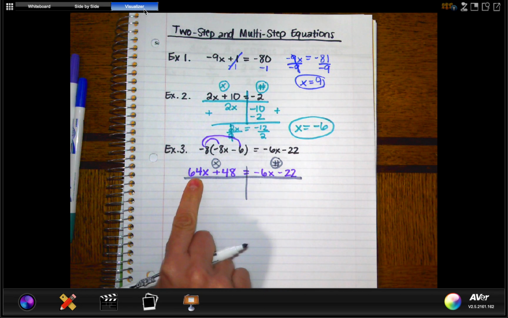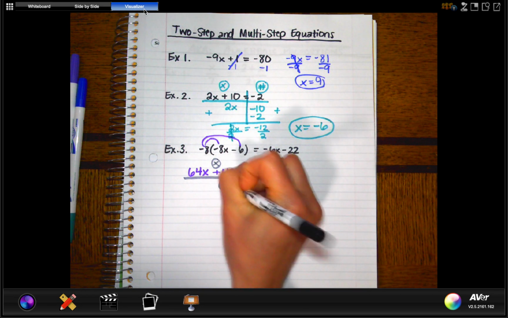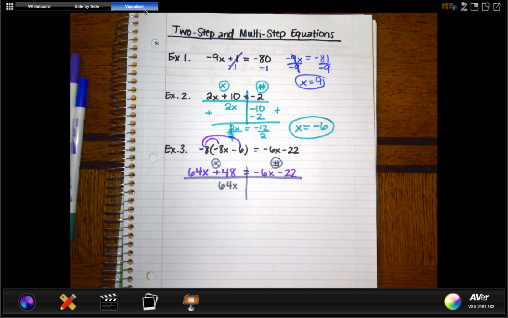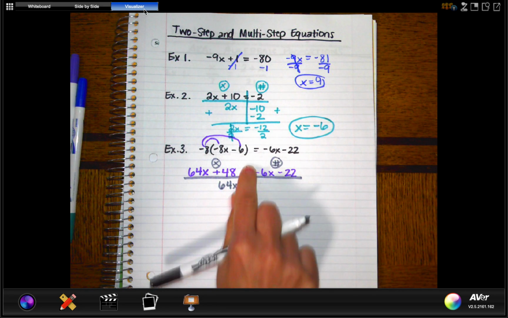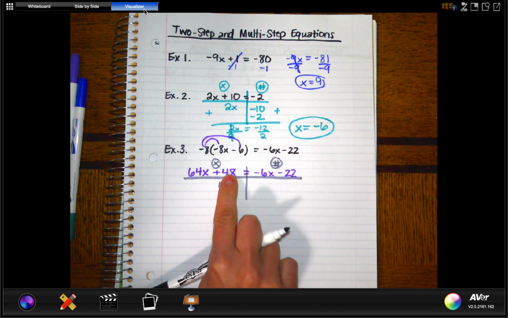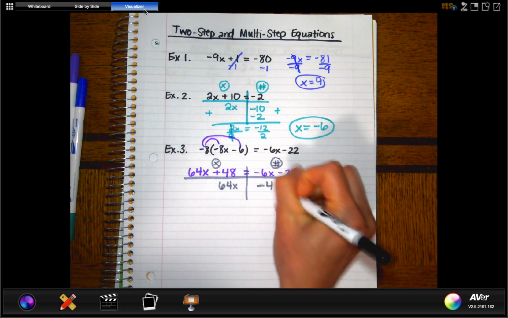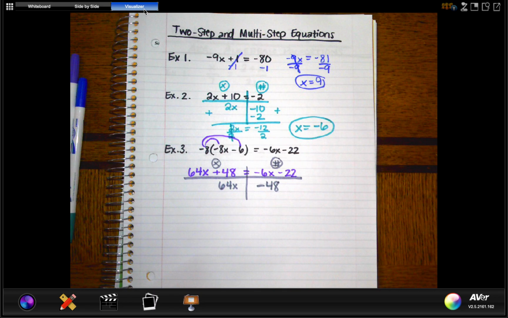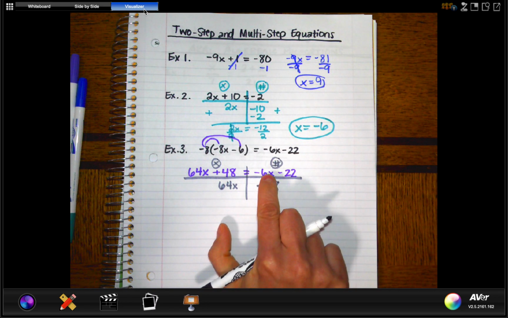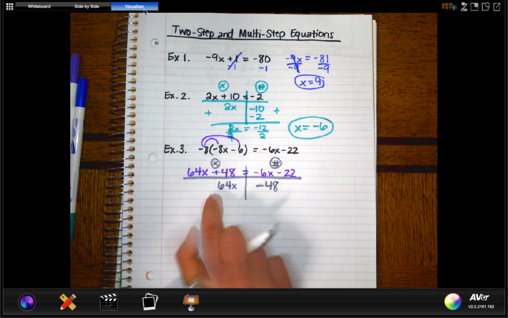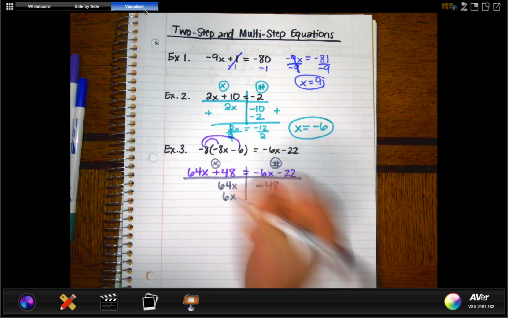64x belongs in the x category, and it's going to stay positive because it didn't cross the equal sign line. 48 goes to the number category. It does cross the line, so it will be -48. -6x crosses the equal sign line and becomes positive 6x on the left side.